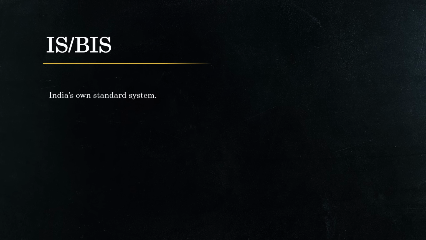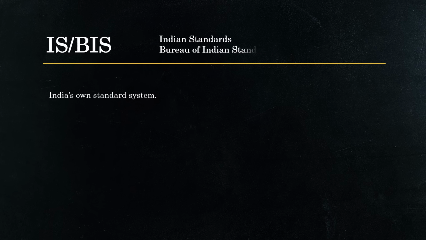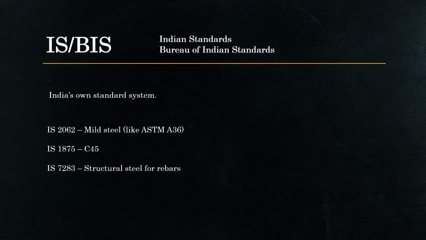And then IS, Indian Standard, Bureau of Indian Standards, BIS, India's own standard system, heavily influenced by old EN grades but modernized to match global specs. For example, IS 2062 is a mild steel, equivalent to A36.